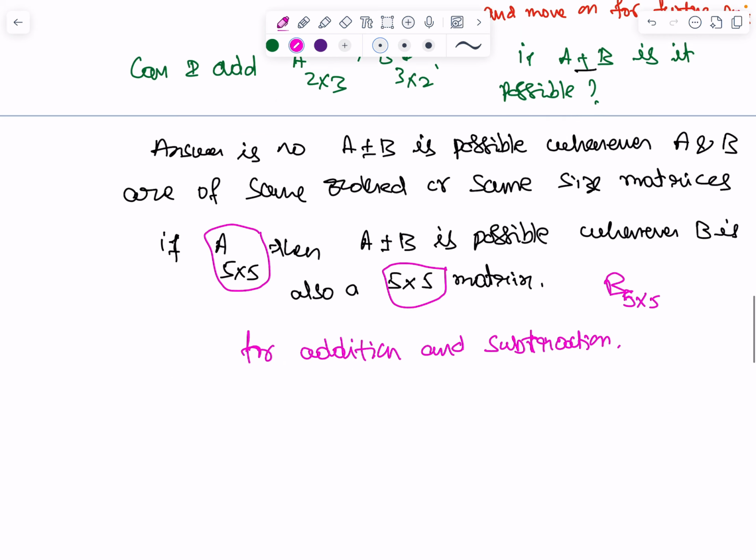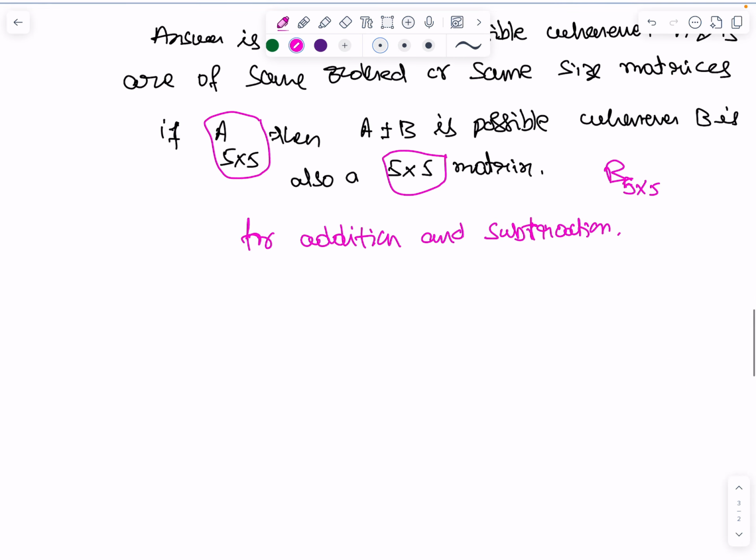Now, before I take you to multiplication, I would like to introduce a small concept. If you look at your school math, where we have problems like you are purchasing some pens, suppose you are buying 2 blue pens and then 5 red pens which cost you around 150 rupees, and then your friend is purchasing 3 blue pens and 4 red pens, that is around 120 rupees.